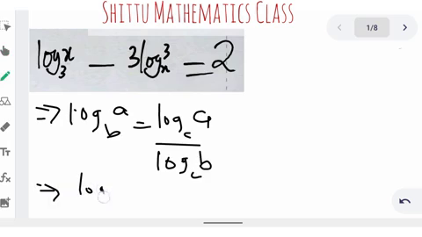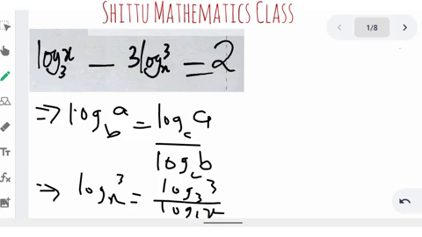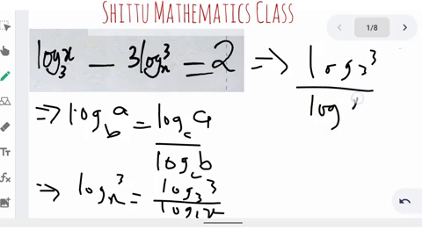So if you go further, we are going to have log 3 to base x is going to be log 3 to base 3 divided by log x to base 3.